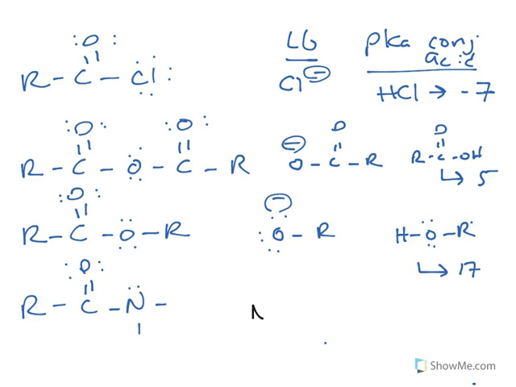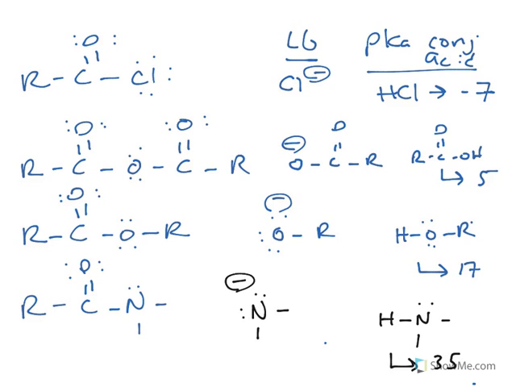All right, so in the case of the nitrogen leaving group, what we're going to see here is that guy as the leaving group, all right? So it's an N minus, and its conjugate acid is either a primary or secondary amine, and those have pKa values of around 35.